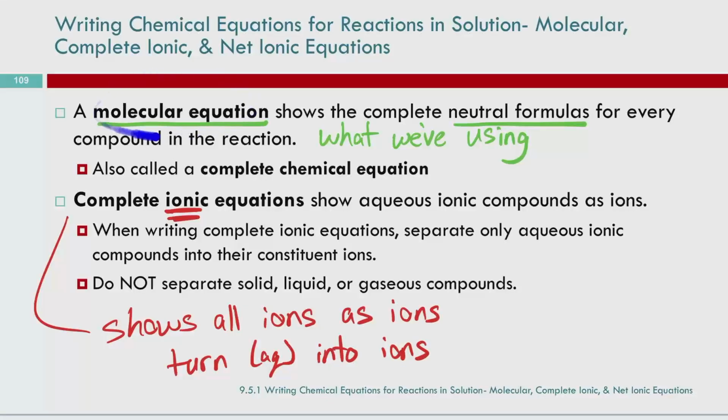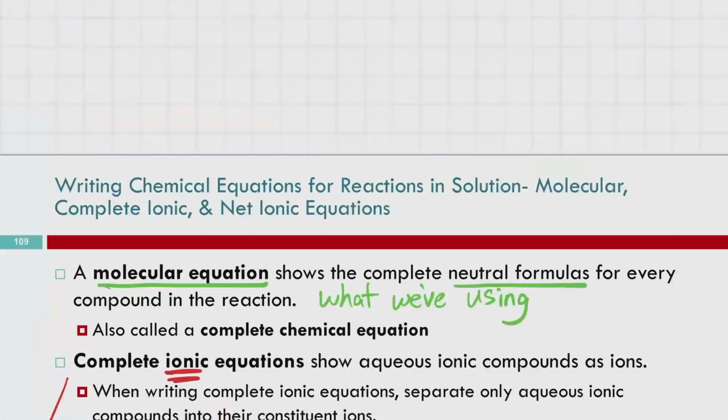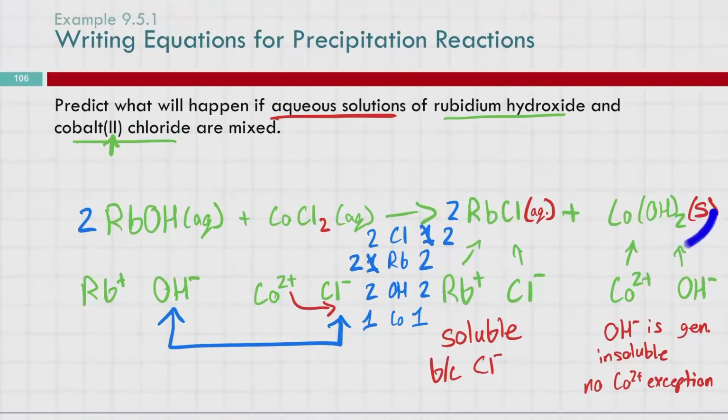That's how we get from our molecular equation to our complete ionic equation. If it's a solid, liquid, or a gas, that's not ions. It stays as a solid, liquid, or a gas. So in this example, our cobalt-2 hydroxide is a solid. That stays as Co(OH)2. All of the other three things we would separate out into their ions.